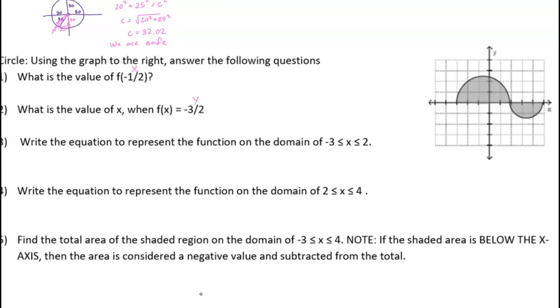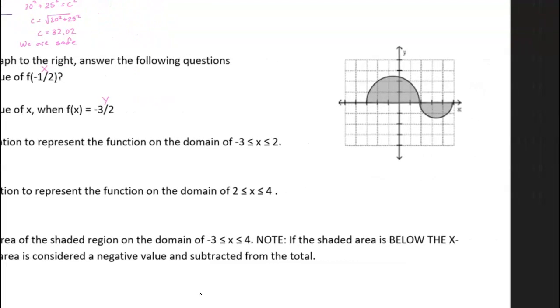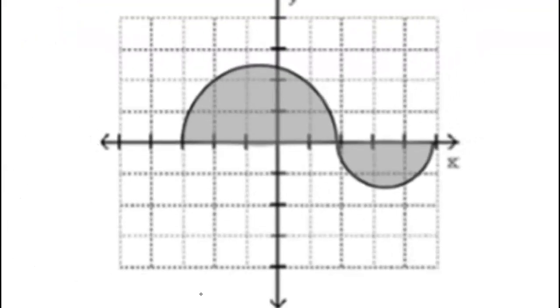So what we're doing first is looking for the value of f of x when our x value is -1/2. So it's about here. So I need to follow this until I reach my line, and figure out what is the y value at that point.